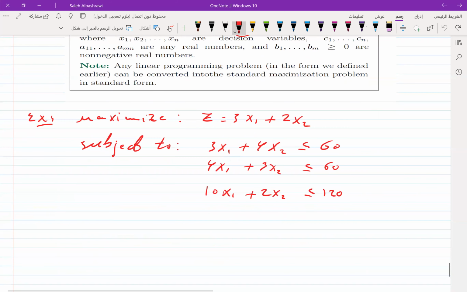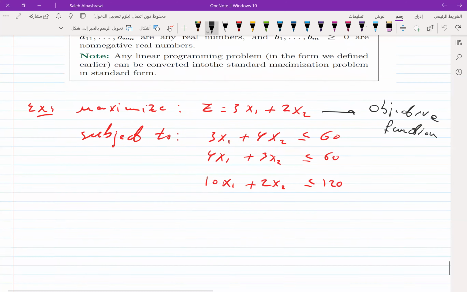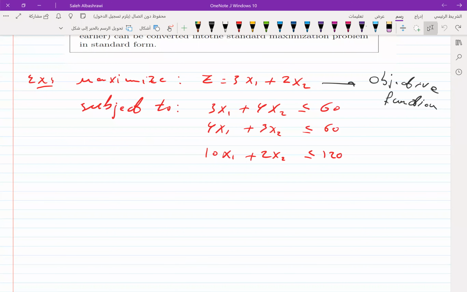Now I need to maximize, or find the maximum value of, the objective function, which is this one. This is the objective function, and I need to find its maximum value. To do this, we are going to write the problem in a normal form. This form of the problem is not in the normal form.